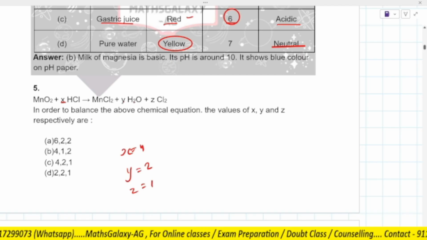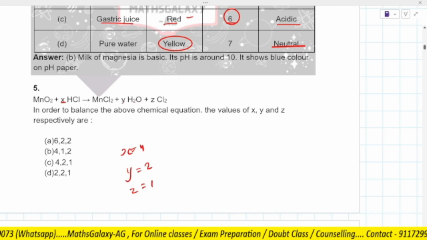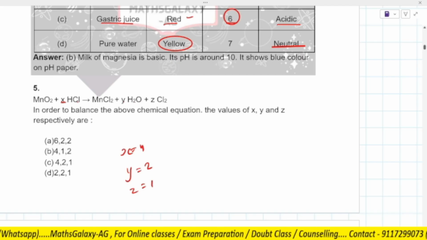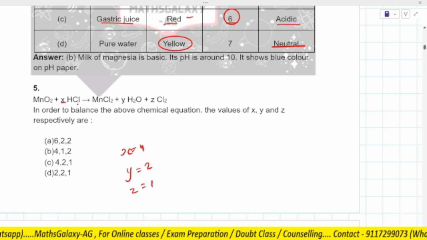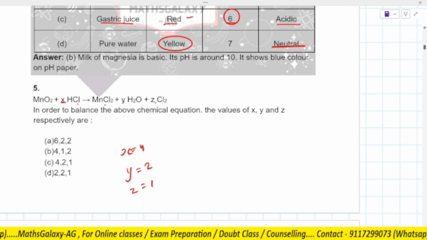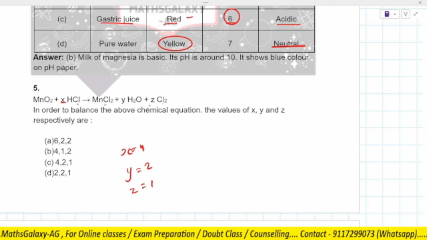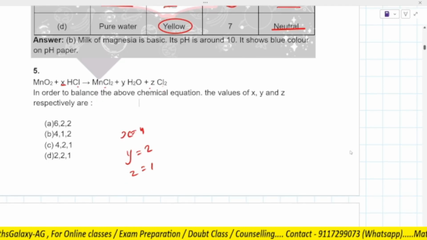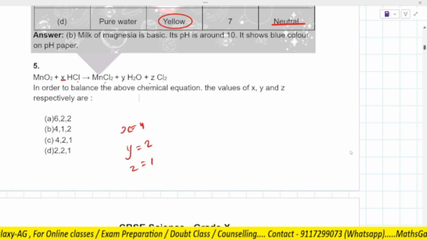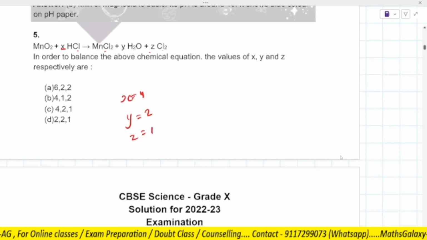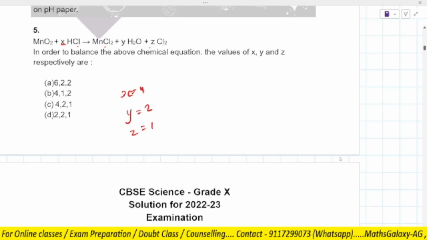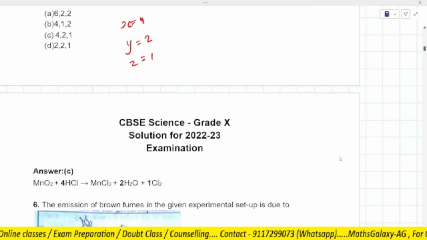So Y is 2, then here 4, oxygen 2. Correct. Cl is 2 and 2, 4, Z is 1, yes. So it will be 4, 2, 1, right? Yes, it means option C.